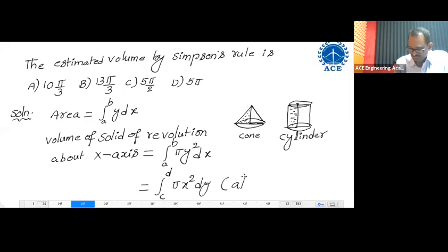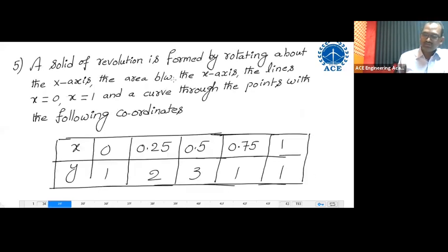The second one is about the y-axis. So in the problem they mentioned already, the area bounded by the x-axis and the lines x equals 0 and x equals 1 and a curve passing through these points. Then we need the volume of solid of revolution about the x-axis.